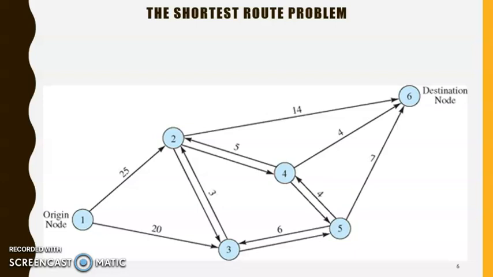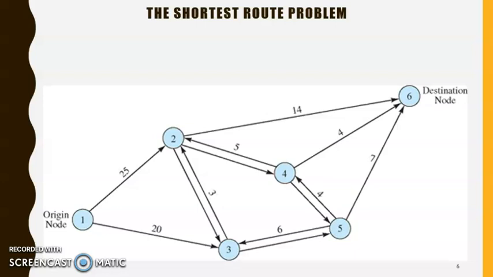So in that way you are making your model easier, and you are specifying on the mathematical model that you only go away from 1. And for the destination node, for 2 6, 4 6, 5 6, since your goal is to get to 6, you must not get away from 6, and as soon as you get to the node 6, it is the end of the journey.